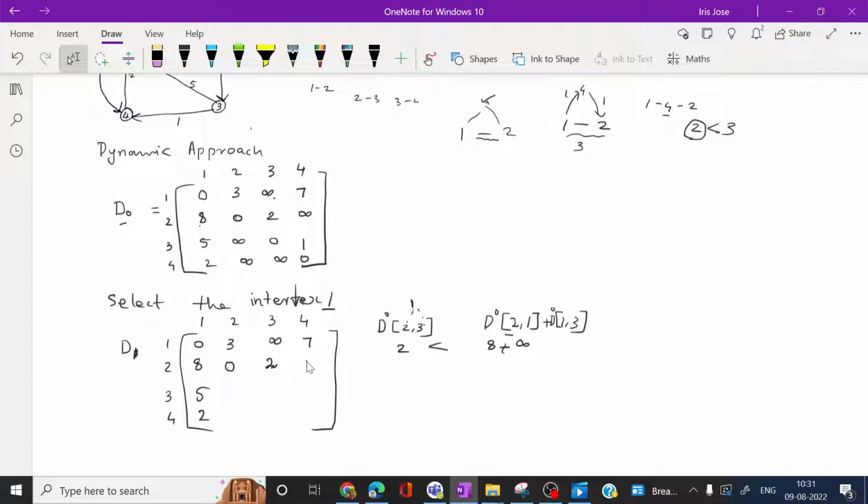Now we have to find out the next element, that is D24. So we have to do the same procedure for D24. In this step we will be considering the intermediate vertex as 1. So 2 to the intermediate vertex 1, then from 1 to 4: D0 2 to 1 plus D0 1 to 4.